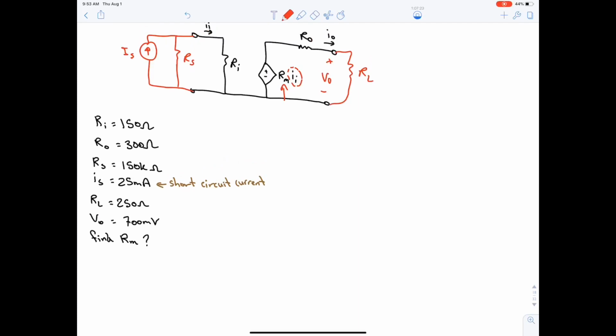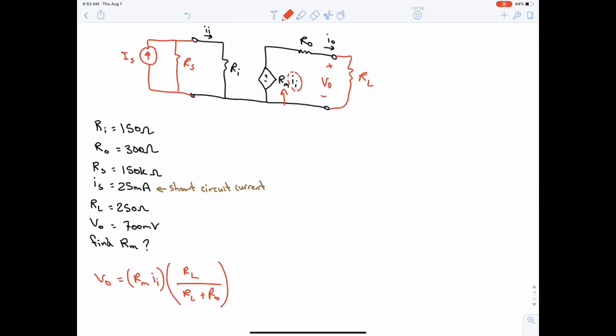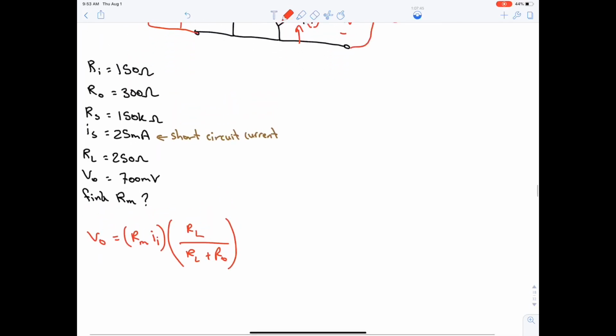The output is equal to voltage division. It's Rm Ii multiplied by RL over RL plus RO. And then we need to find Ii because we have all the numbers except Ii.